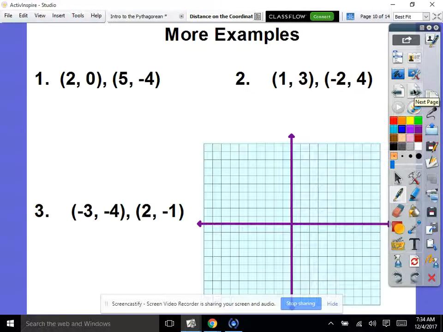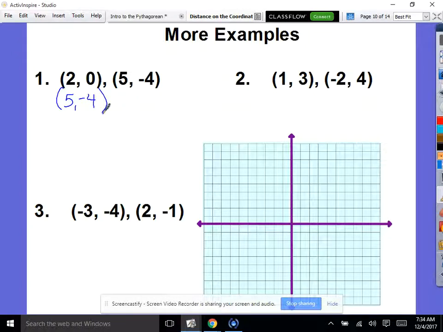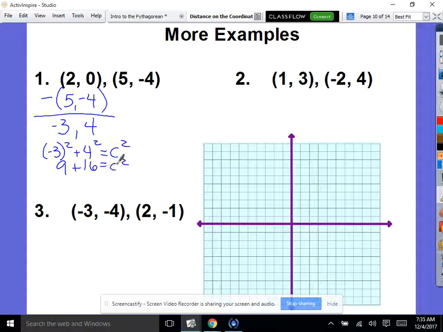All right, so these, we'll work them out. And I'm going to use the vertical method. So 2 minus 5 is -3. 0 minus -4 is 4. So I have -3 squared plus 4 squared equals C squared. 9 plus 16 equals C squared. 25 equals C squared.